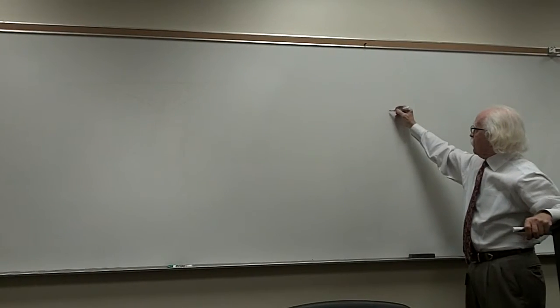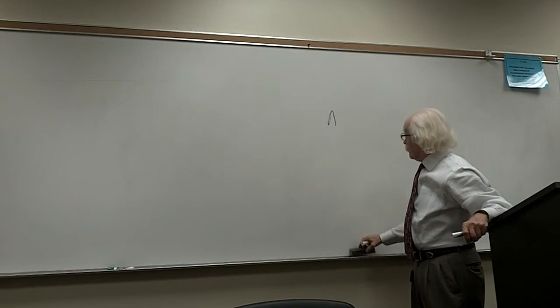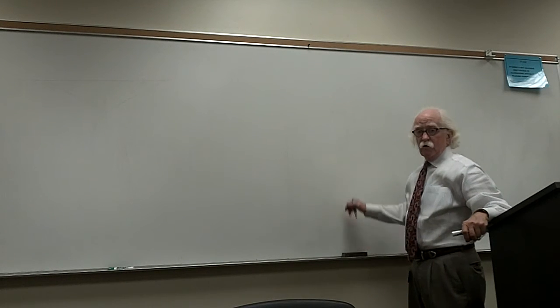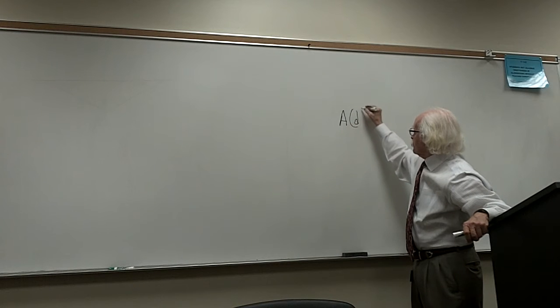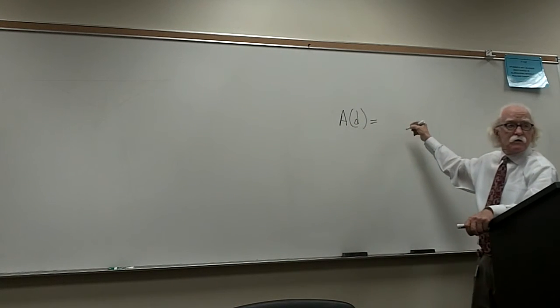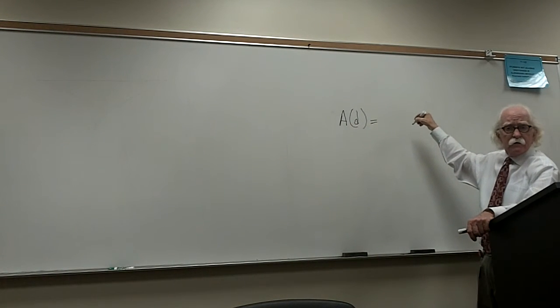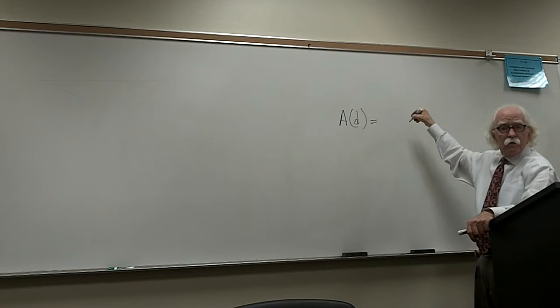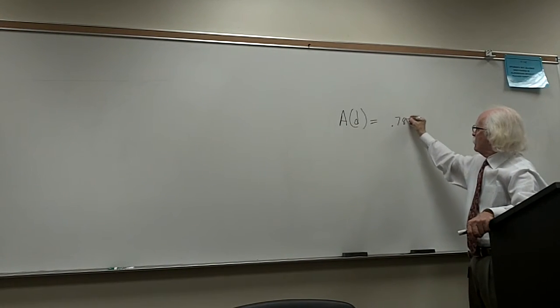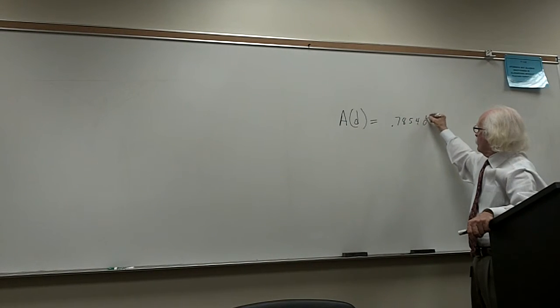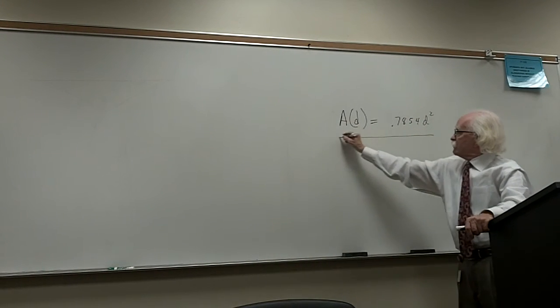It's like the other day, we wrote the area of a circle as a function of the diameter, right? You remember doing that the other day? Yep. And we got what? Remember that?